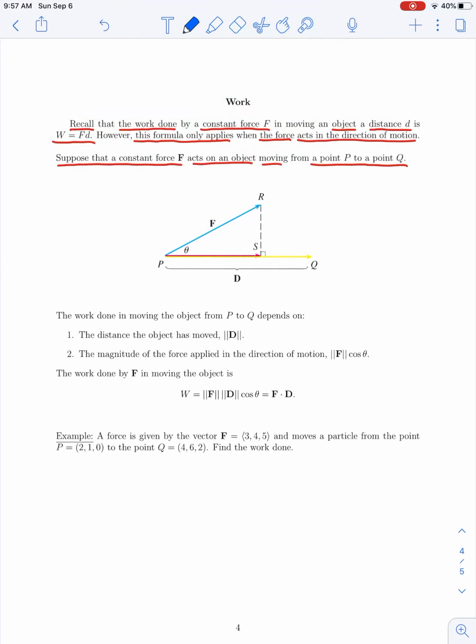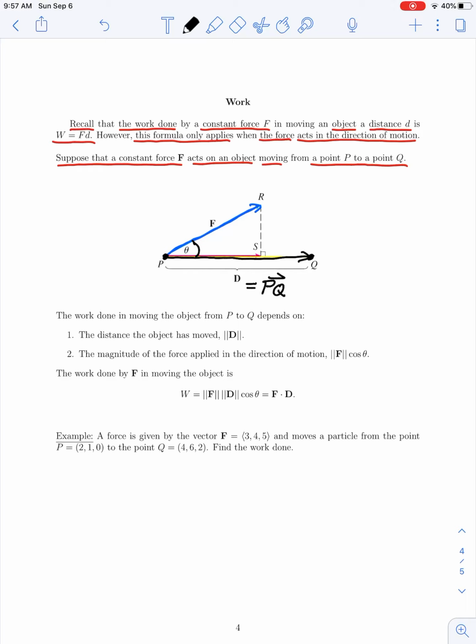So here we have some force vector, its representation shown here, and this force is acting on an object which is moving from a point P to a point Q. This vector is what we will call capital D. It is the vector from point P to point Q.